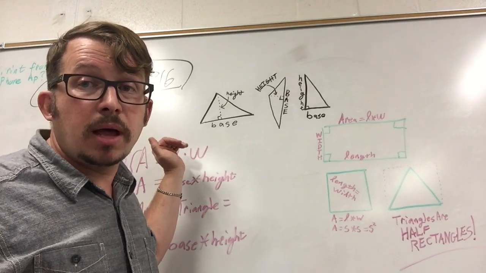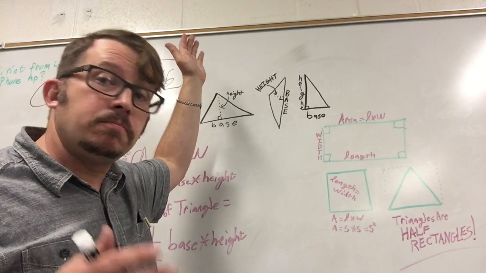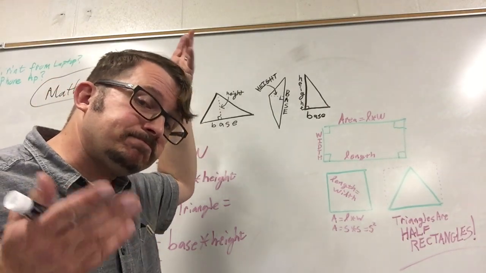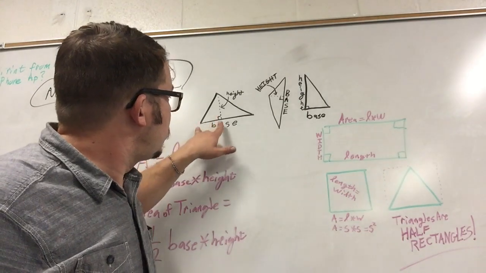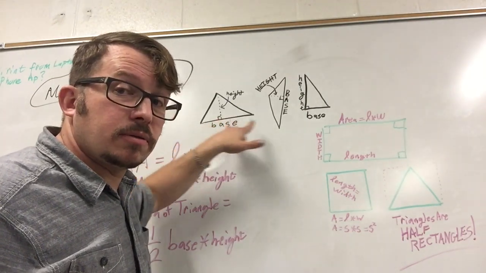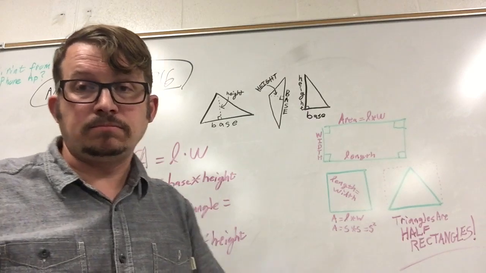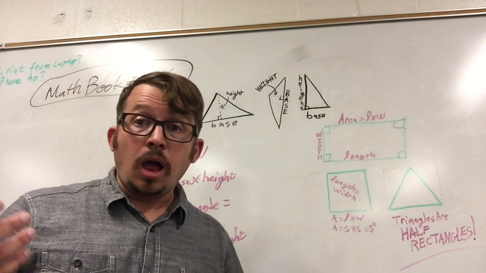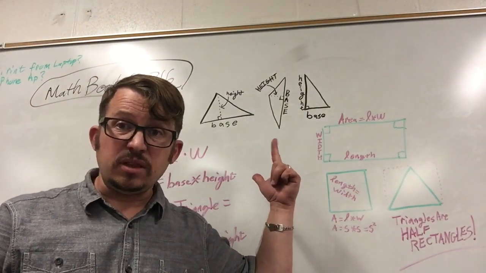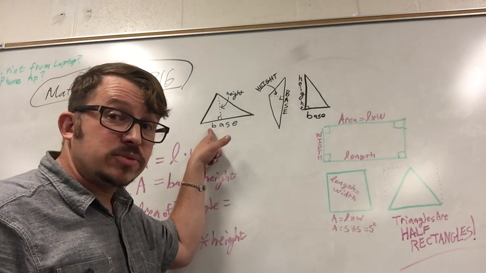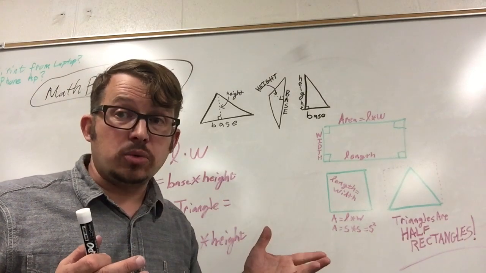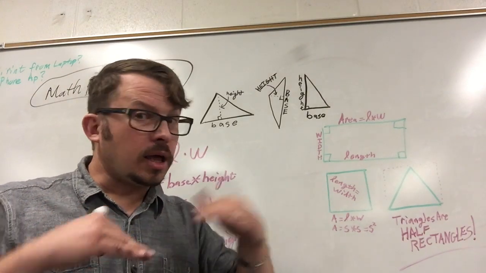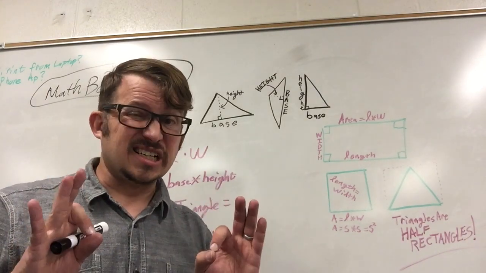Base was across the bottom, height's up the middle this time, but the triangle isn't split evenly. This side is not the same length as that side. That triangle isn't split evenly. One side has more triangle and one side has less. That's okay. Base and height, it's still measured at a right angle. We're good.